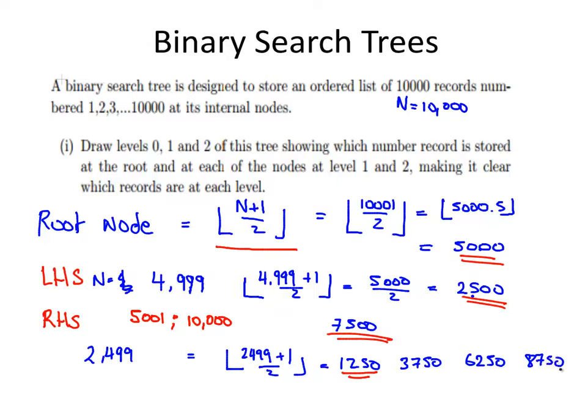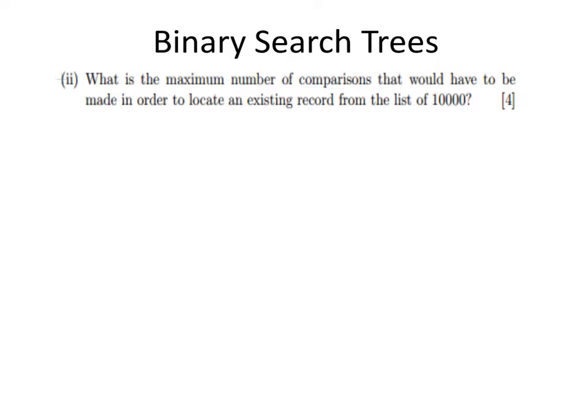Okay, so let's just draw this out properly. That's the next question actually. So level 0, level 1, and level 2. Let's draw them all together.